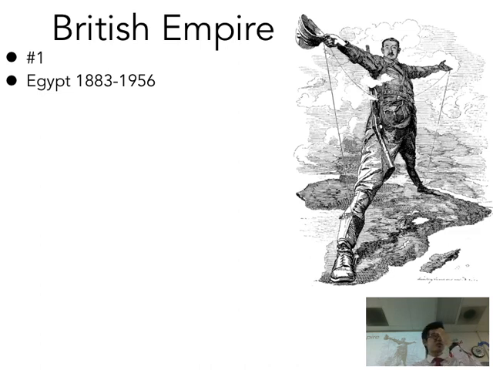I kind of mentioned in the last lecture, so I'm not going to repeat myself, but do you guys remember the name that I threw out there, the guy that's in charge of Egypt? Listening carefully, are we? Okay, Muhammad Ali. Not the boxer, but the Turkish general.